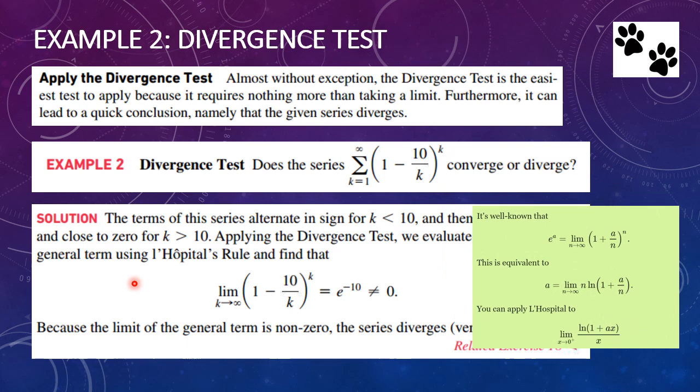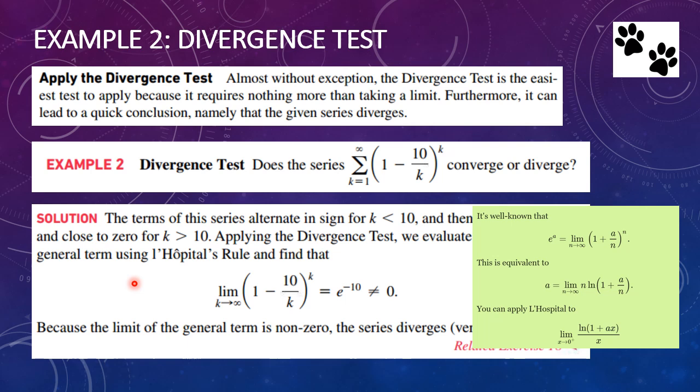And just as a quick reminder as it applies to this problem, I've included this kind of annotation. Okay? So it's well known that e to the power of a is equal to the limit as n goes to infinity of (1 plus a over n) to the power of n. Why is that? Because a equals the limit as n goes to infinity of n times the natural log of 1 plus a over n.